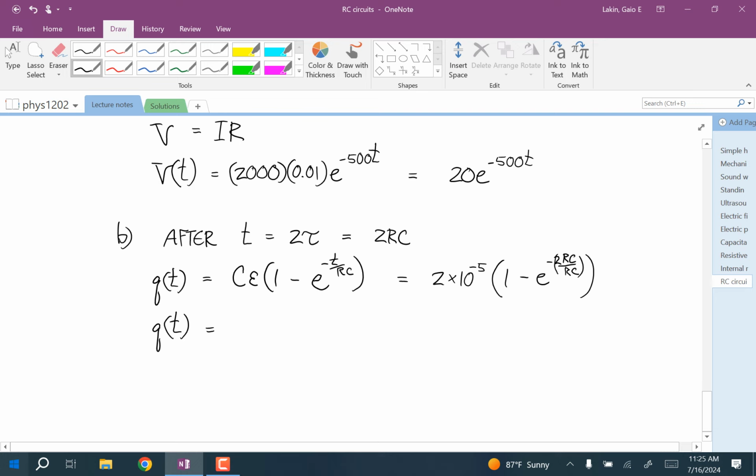The RC's cancel out in the exponent, and you get 2 times 10 to the minus 5 times the quantity 1 minus e to the negative 2. And we get a value of 1.729 times 10 to the minus 5 coulombs.